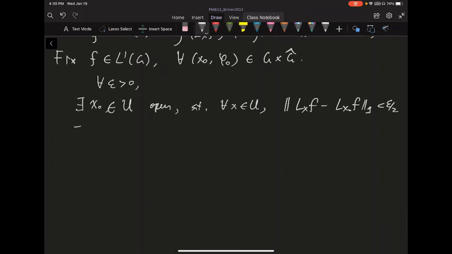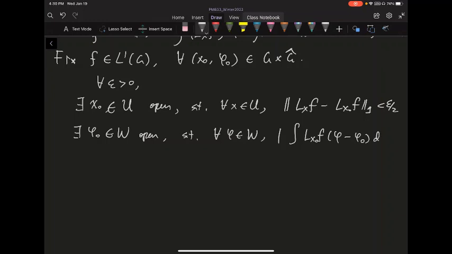And there also exists some neighborhood, let's call it W, some open neighborhood of phi 0, so that because of the weak star topology, for every phi inside W, if you just fix this Lx0 and test it against phi and phi 0, they should give you very similar integrals, so that the difference is less than epsilon over 2.